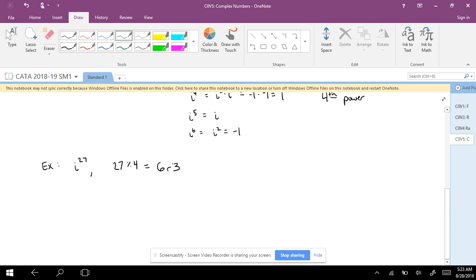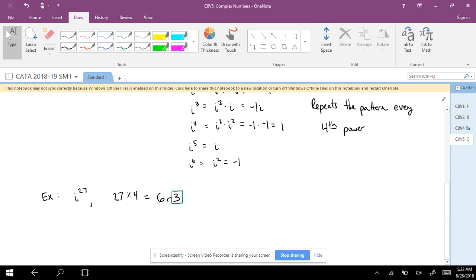The part that we're looking at here is the remainder of 3. Since the remainder is a 3, our value would just become -1 i or -i.